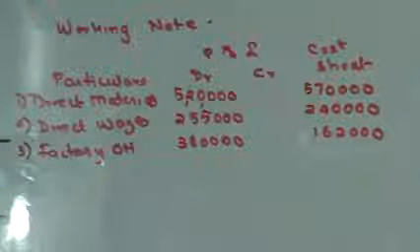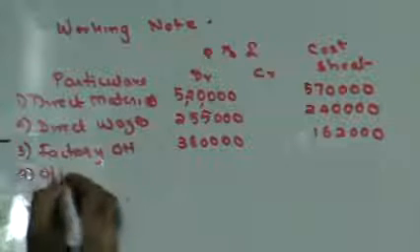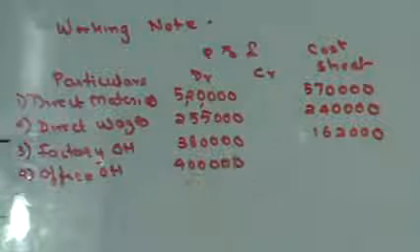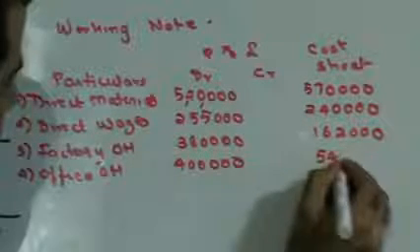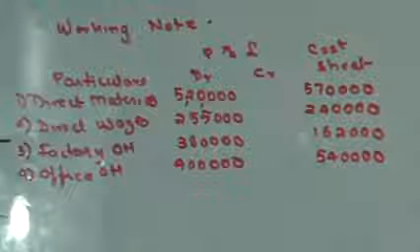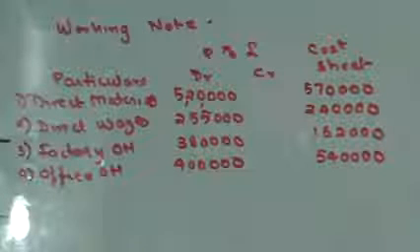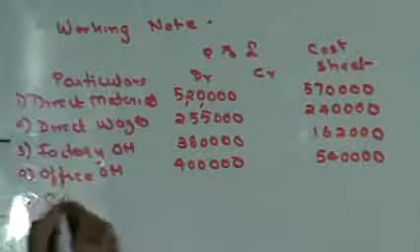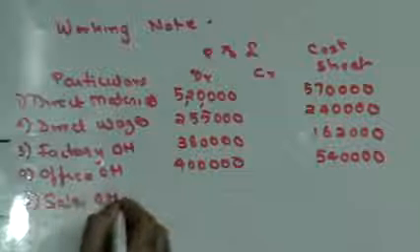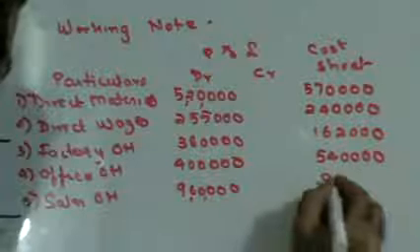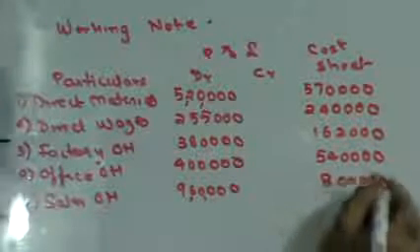Then office overheads. Office overheads in P&L is 4 lakhs and in cost sheet is 5,40,000. Right? Then closing stock of finished goods is 1,50,000 in cost sheet and 1,50,000 in P&L, therefore I need not record it. Sales overheads is 9,60,000 in P&L and 8 lakhs in cost sheet.